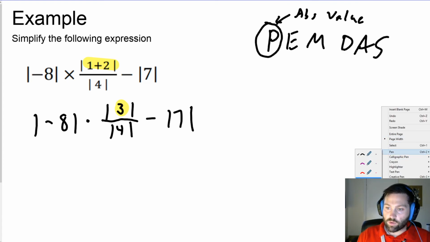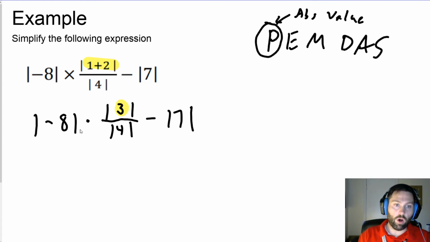So now what I am going to do is simplify all of the absolute values. I have done everything inside of the absolute value signs that I possibly can, so no more PEMDAS here. We actually have to take the absolute value now. So the absolute value of negative 8 is positive 8 times.